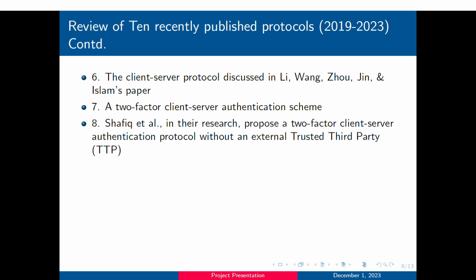In the eighth paper, they propose a two-factor client-server authentication protocol without an external trusted third party. However, the scheme failed to provide protection against a semi-trusted third party.